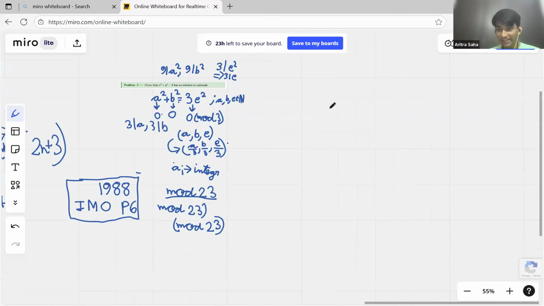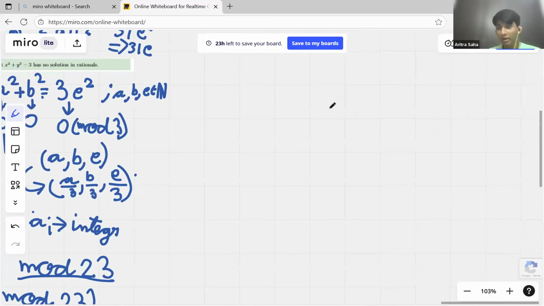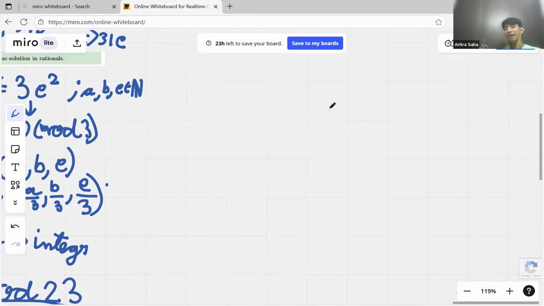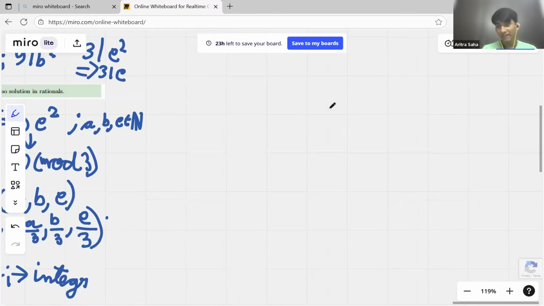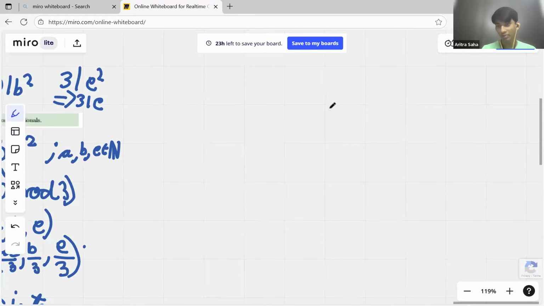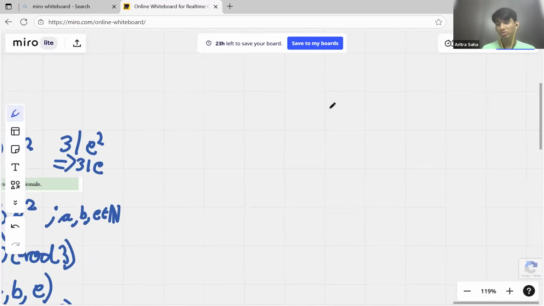Vieta jumping, the idea is hard to describe if you do not do a problem. Essentially, it's the same idea as infinite descent, but you do that with the roots of a quadratic equation, and you jump from one root to another root. If a, b is a solution, you show that the quadratic equation with a as a root will also have x as a root, where x is less than a.